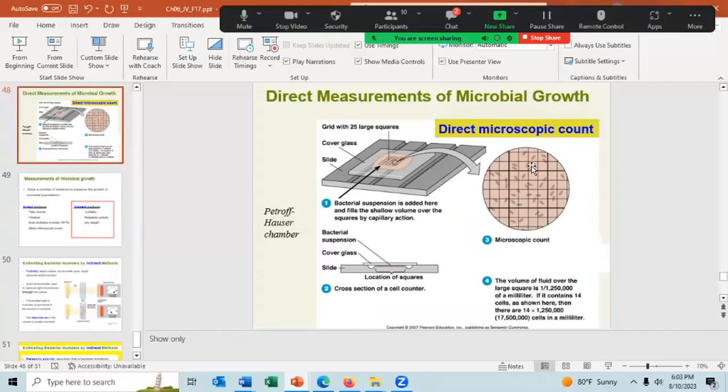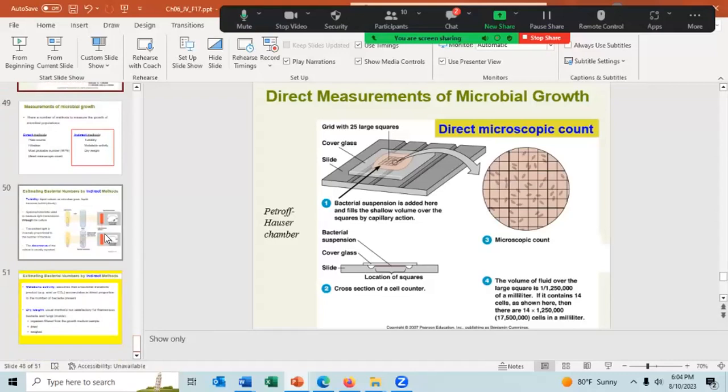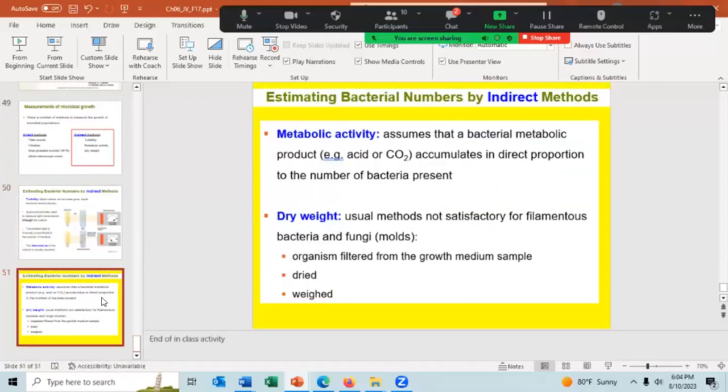So you just count the total number of cells, and both the non-viable and the viable cells will be counted, except for the viable plate count. Okay. Any questions about the different methods we have for obtaining an estimate of the number of cells?